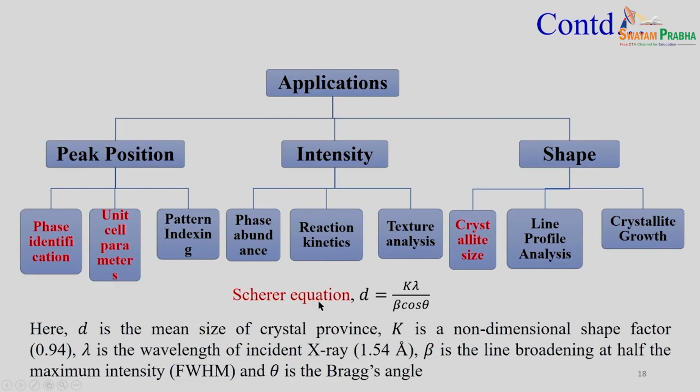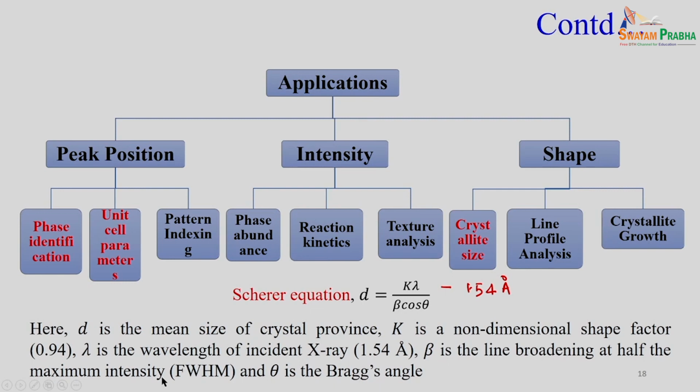To determine the average crystal size, we use the Scherrer equation, which says d equals k lambda upon beta cos theta. Here k is a shape factor, its value is 0.94, lambda is the wavelength of the incident X-ray, which we discussed in the last slide, it was 1.54 angstrom, and beta is the line broadening at half maximum intensity.